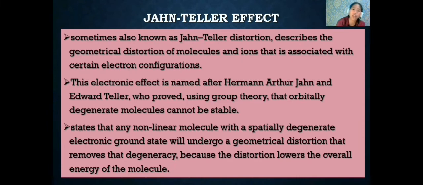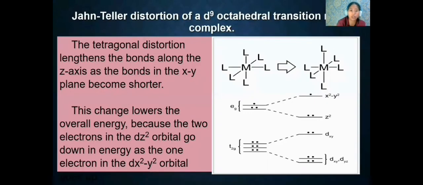So the Jahn-Teller effect states that any nonlinear molecule with a spatially degenerate electron ground state will undergo a geometrical distortion that removes the degeneracy, because the distortion lowers the overall energy of the molecule.